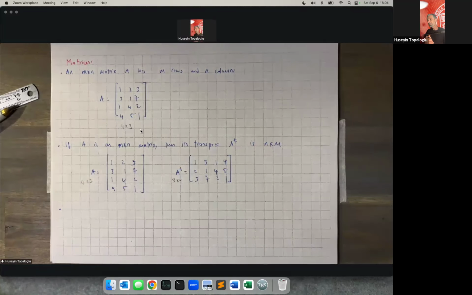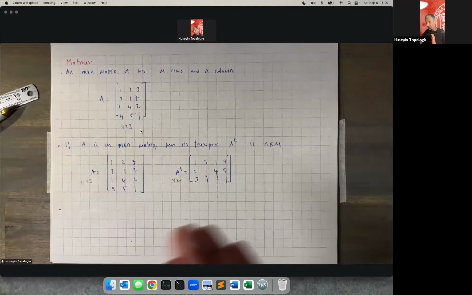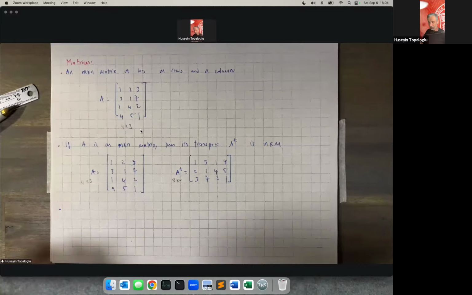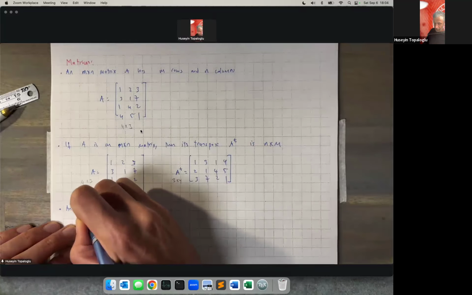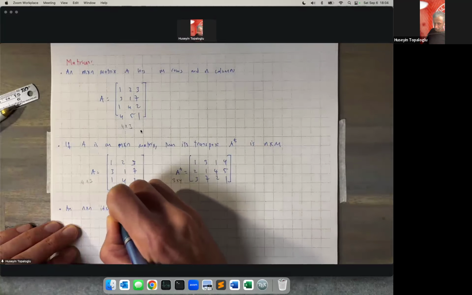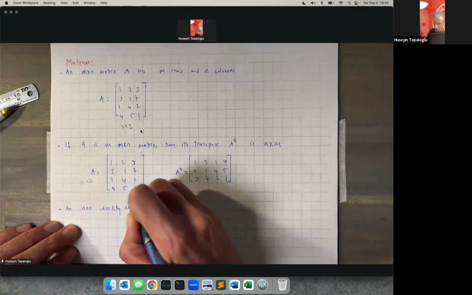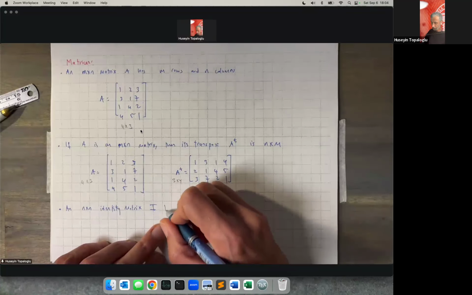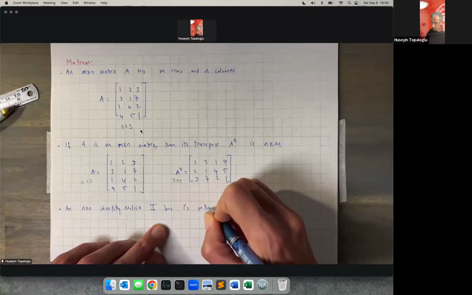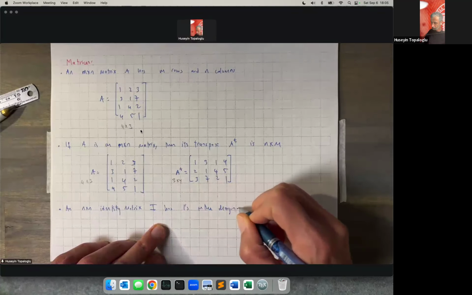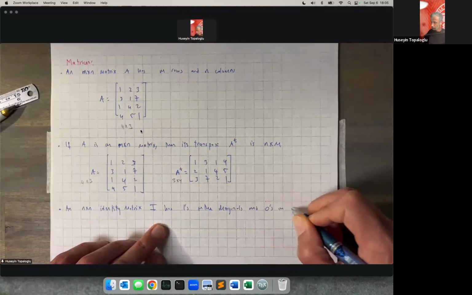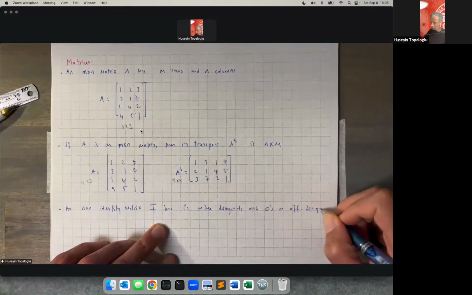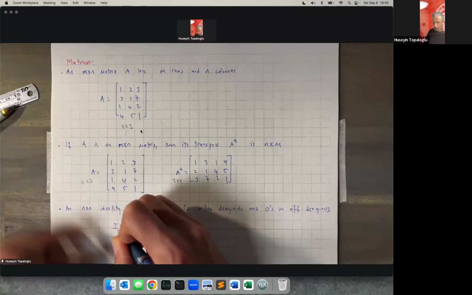Lastly, let's talk about the identity matrix. An n by n identity matrix is a square matrix that has ones in its diagonals and zeros in the off diagonals. We usually use the capital I to denote an identity matrix.